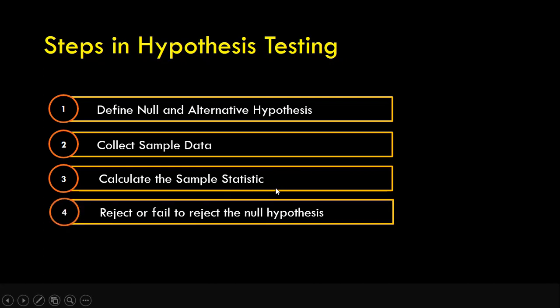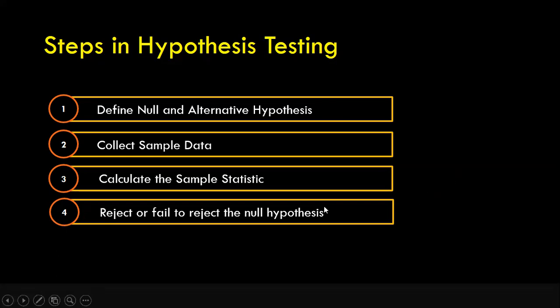It will give you some value. If that value is less than the critical region value, it will fall in the rejection region area. If it is greater than the critical region value, it will fall in the right side rejection region area.